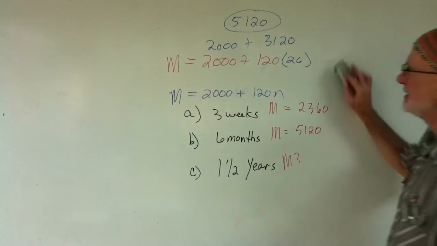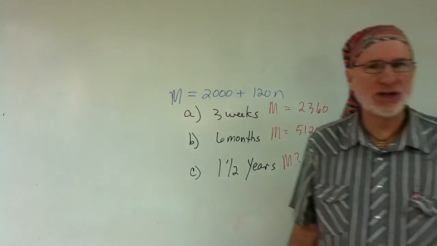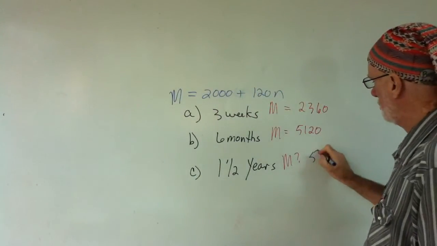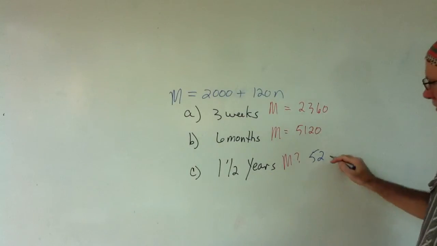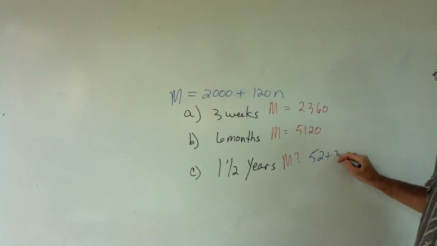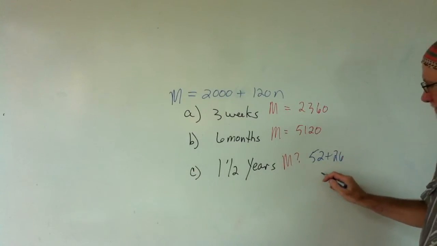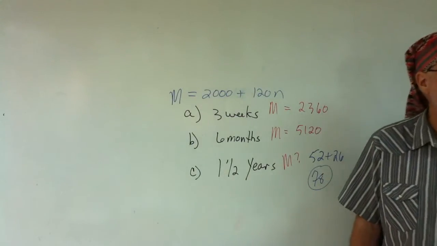That makes it simple, doesn't it? 52 weeks in a year, correct? So it'd be 52 weeks in a year, plus half a year, 26 weeks. So what is 52 plus 26? 78. So 78 weeks.